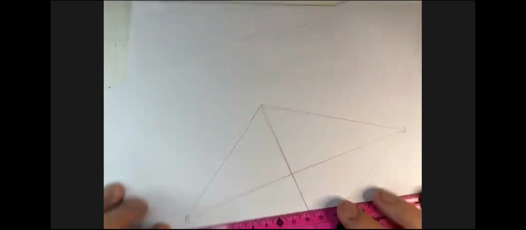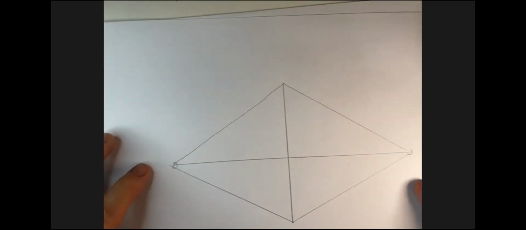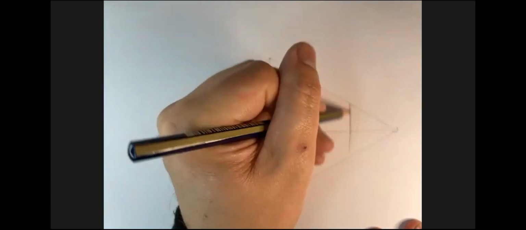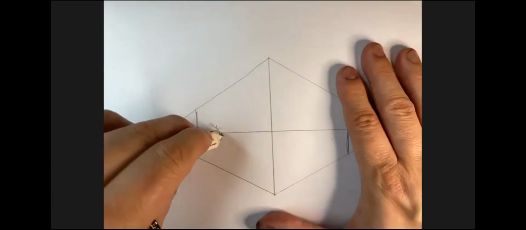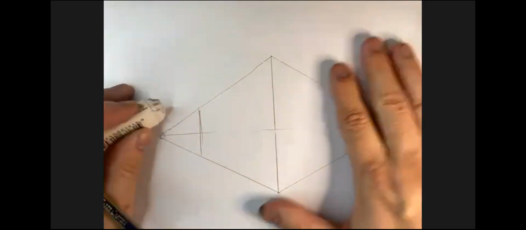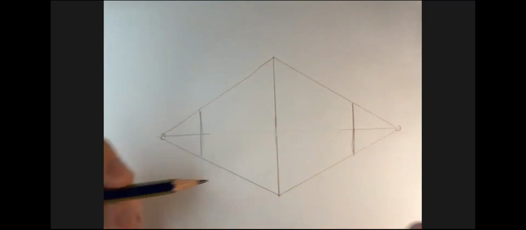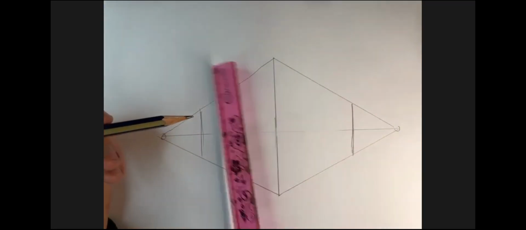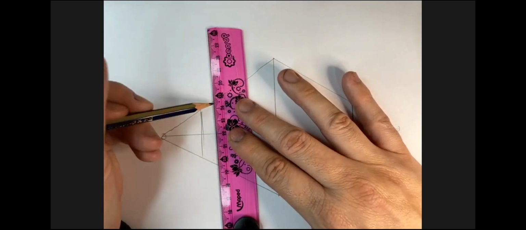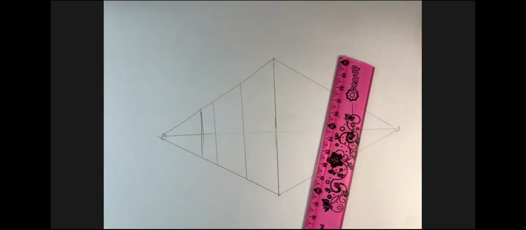Oops. And the last one. Okay. So we've got that. This is my shape here and here. Rub out that horizon line. So there's my big shape. I could say I want to draw a big doorway. I could draw it like that.